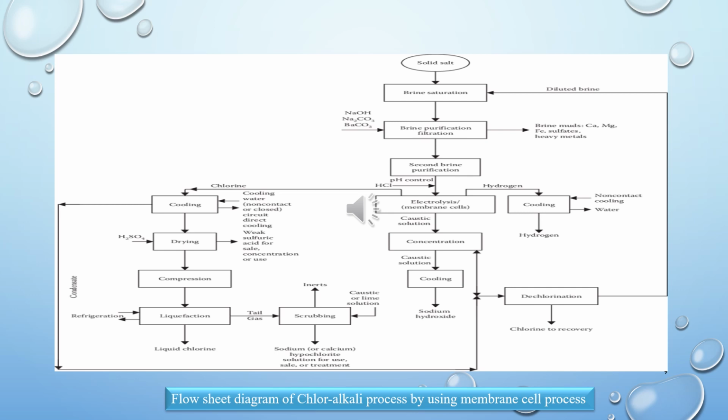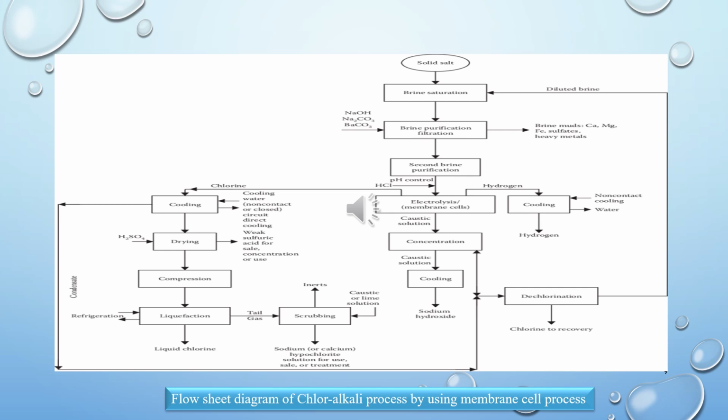As electrolysis is done, sodium hydroxide is produced, hydrogen is produced, and chlorine is produced. Sodium hydroxide is cooled down and separated. Now what will happen to the chlorine and hydrogen? The hydrogen will be separated, cooled down and used for different purposes.